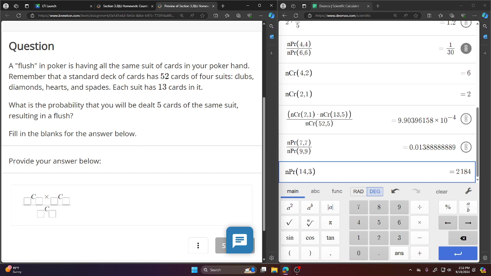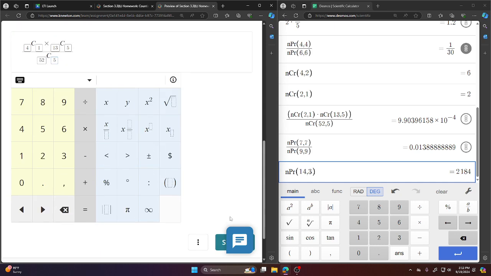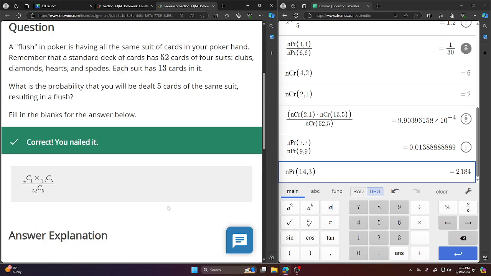Okay, so we got clubs, this and that. What's the probability of being dealt from the same suit? This is the one where I got it wrong before, because I'm saying one of the 4 suits. In that suit, 13 total, I want 5 of those in my hand. And then total, 52 cards, and I'm going to have 5 of those cards in my hand. Here we go. It finally worked.